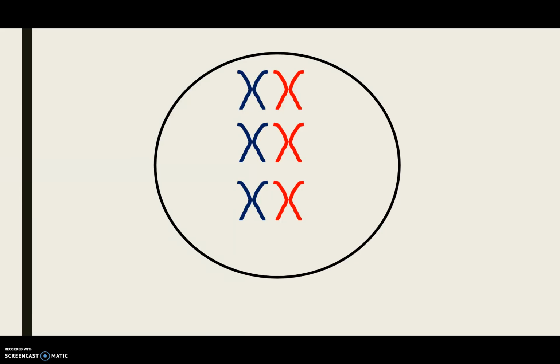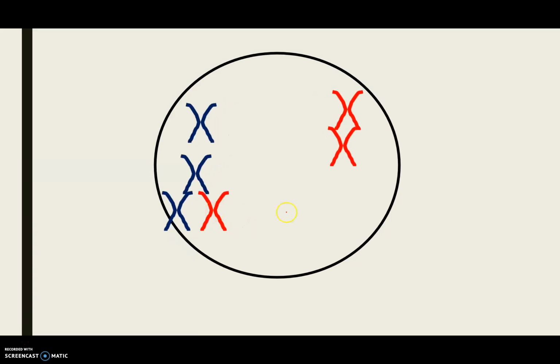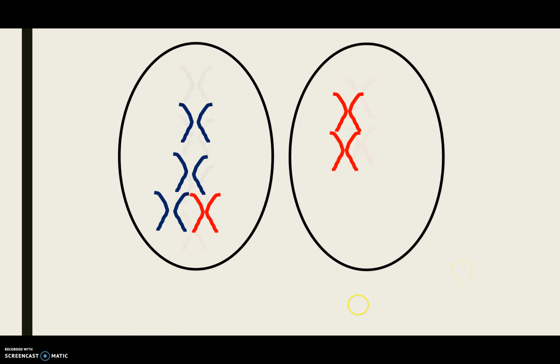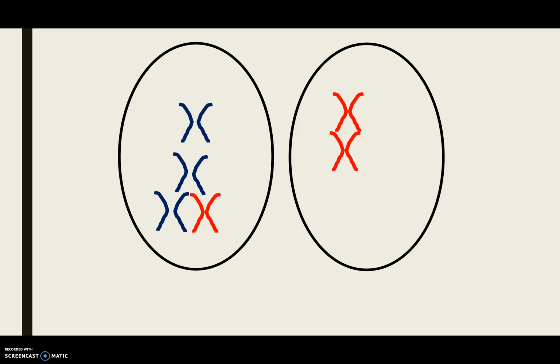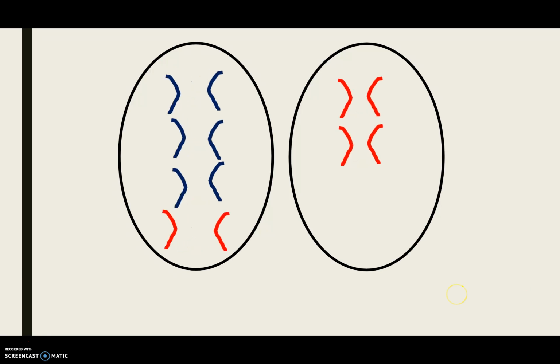We see here when the homologous chromosomes are supposed to separate, sometimes it happens where maybe the spindle fiber right here wasn't attached and it didn't separate the chromosomes. And so then when the cells go through cytokinesis and then go to divide again, the sister chromatids are going to separate.